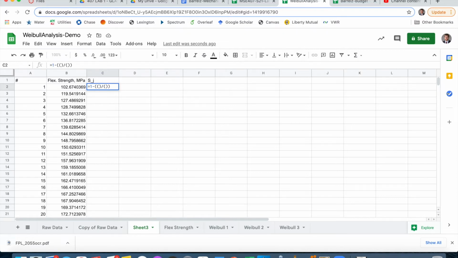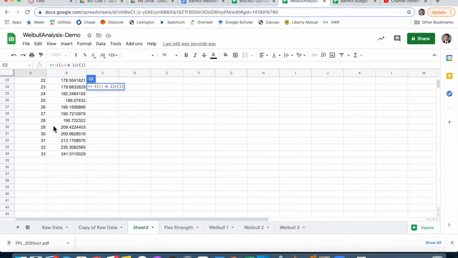And so here, it asks for J minus 0.3, where J is the number of the sample, so that's where you're going to use this value. So that's why you want to order them. And then minus 0.3, and then the bottom is the total number, capital N. So I can basically go down here to the last one and click this one, but I don't want this changing when I fill this formula.